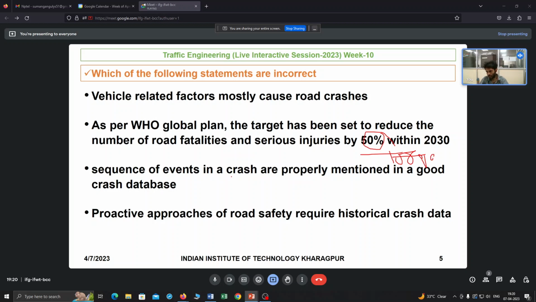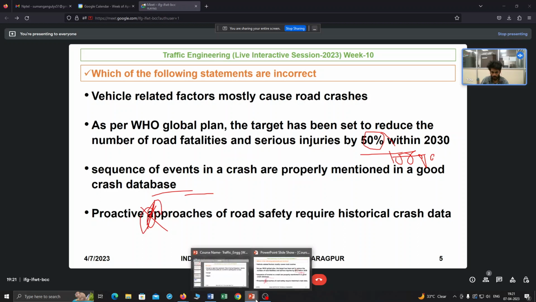Sequence of events in a crash are properly mentioned in a good crash database. If it is a good crash database, it is mentioned. Proactive approaches of road safety require historical crash data. It may be required for validation actually.